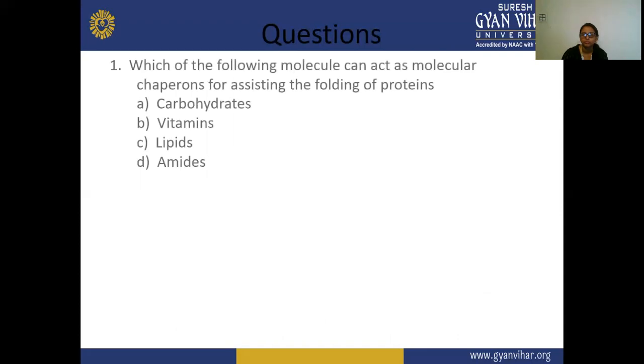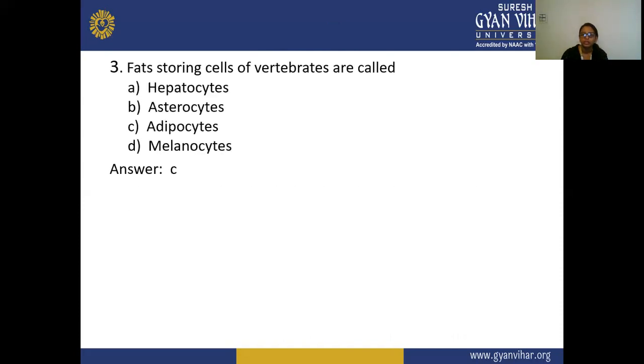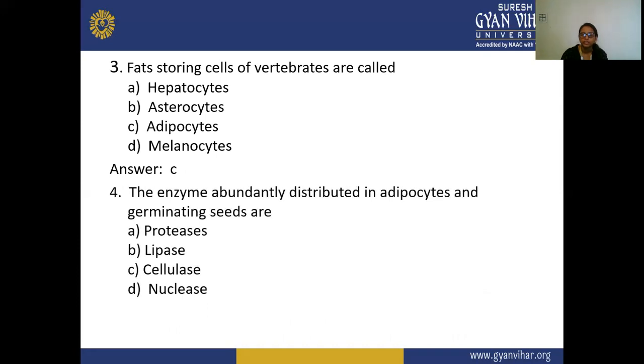Now the questions. Which of the following molecules can act as a molecular chaperone for assisting the folding of protein? Which of the following macromolecules can most successfully traverse among living cells? That is lipid. The enzyme abundantly distributed is lipase.